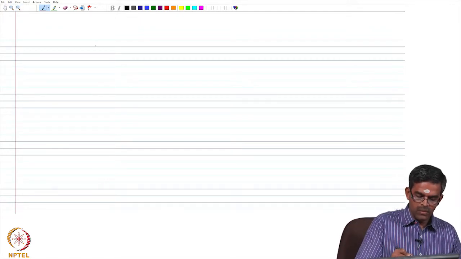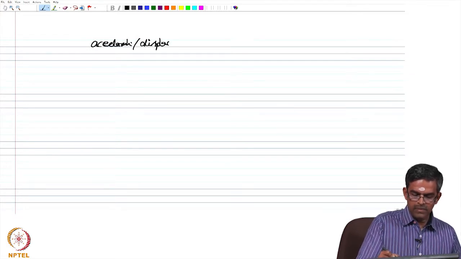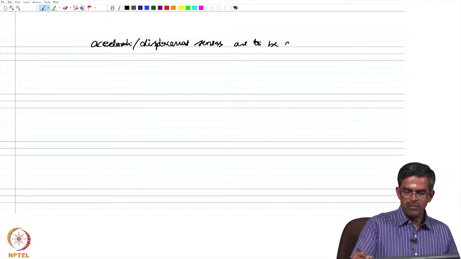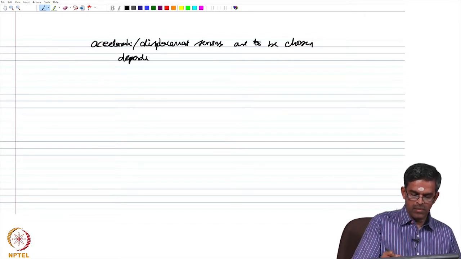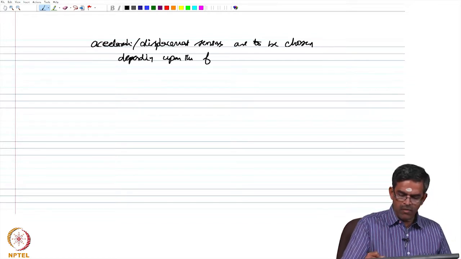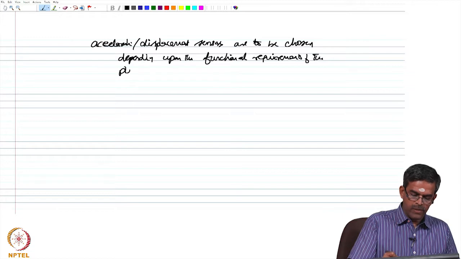Now, the acceleration and displacement sensors are to be chosen depending upon the functional requirements of the platform, is it not?